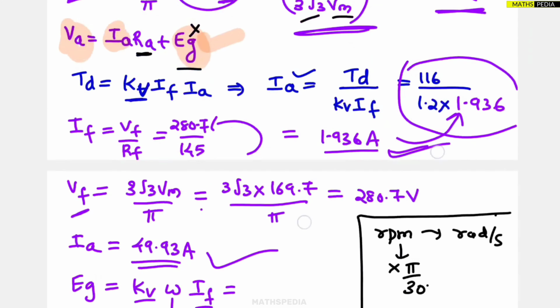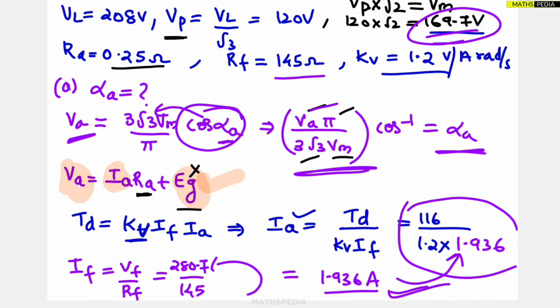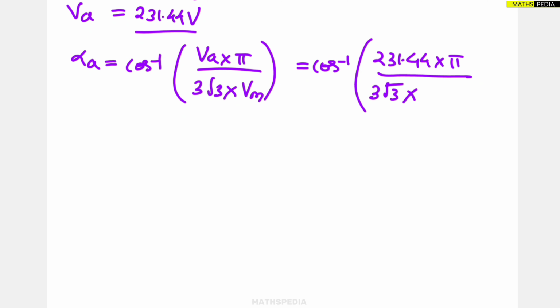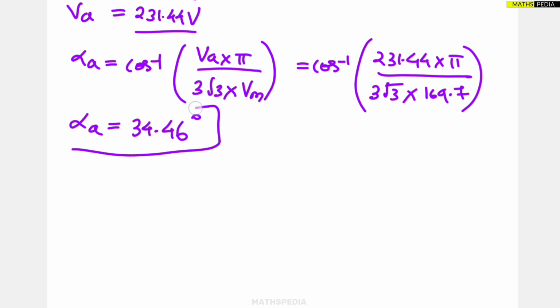Vm we found out here, this is the Vm value, 169.7. So alpha A becomes cos inverse of that. You will be getting it in degrees, it is 34.46 degrees.